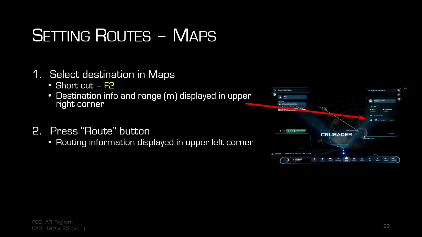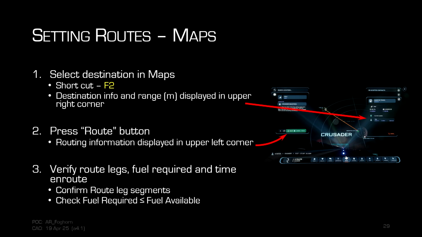The route button, that green route button on the lower left side, will show you the amount of quantum fuel that you have on board, and how much that route is going to take. So in this example here, it says you've got something like 1.1 million units of quantum fuel on it, and it's going to use 745 point something to fly from here over to Yela.